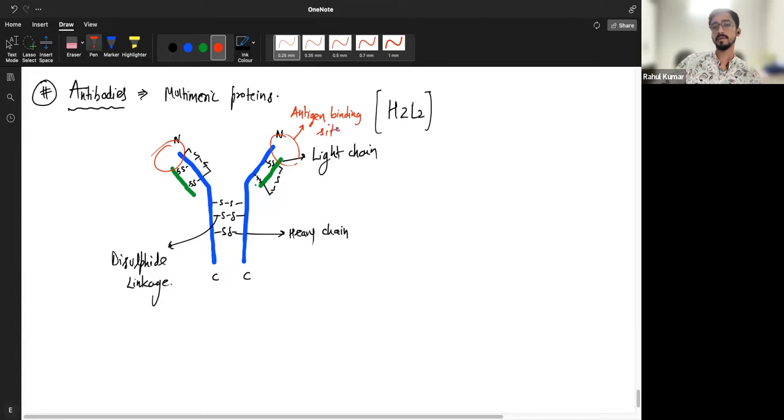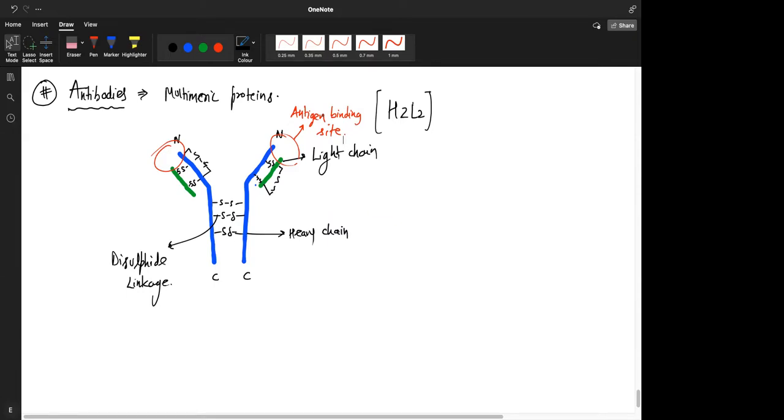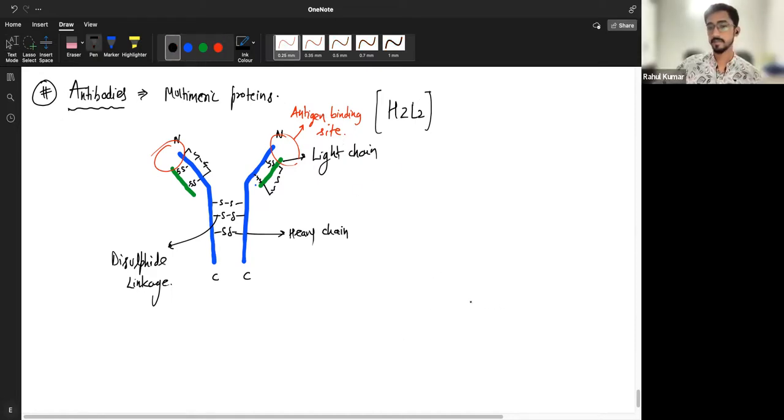And how many antigen binding sites does one antibody have? Two. So each antibody can bind to how many pathogens? Two. So let's say this is a pathogen.